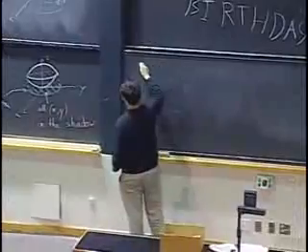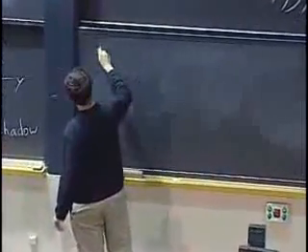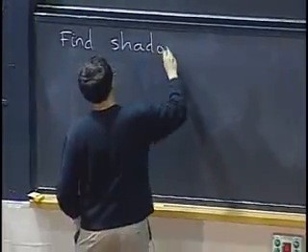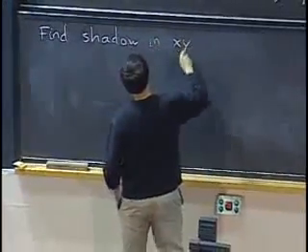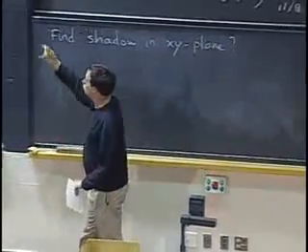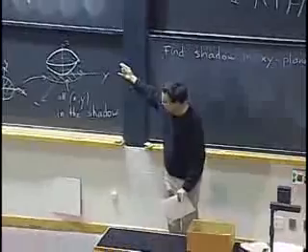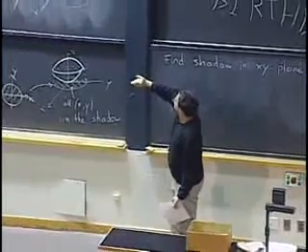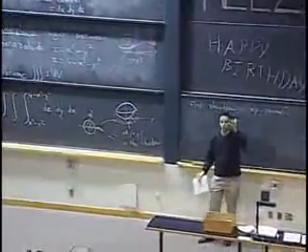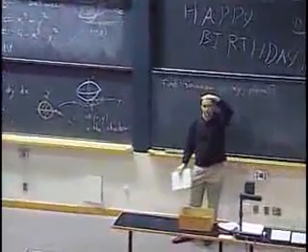Okay, so one way to find the shadow in the xy plane: here we actually know the answer a priori, but even if we didn't, we could just say, well, our region lives wherever the bottom surface is below the top surface.